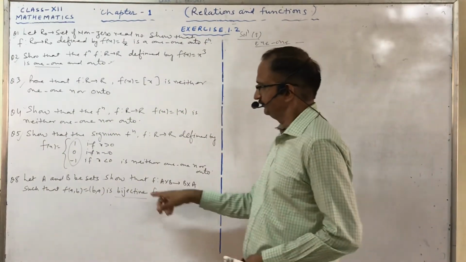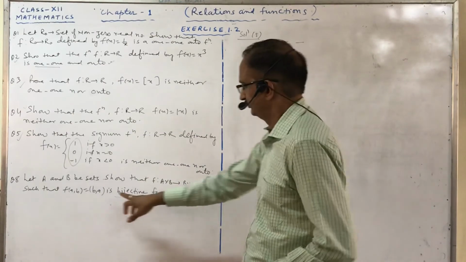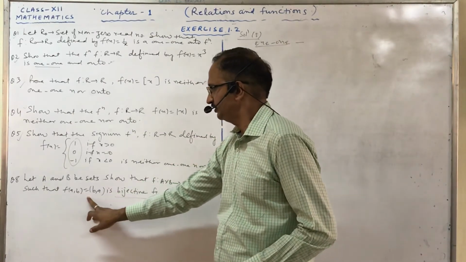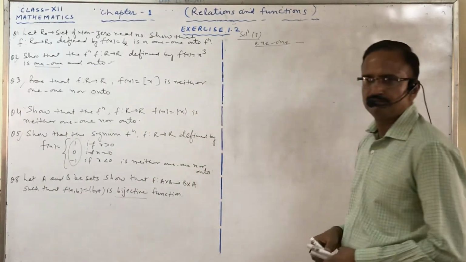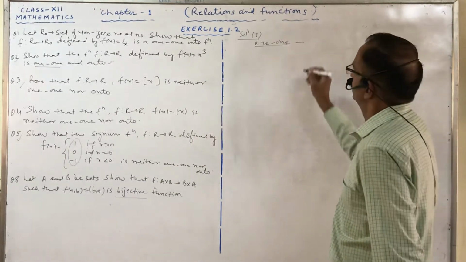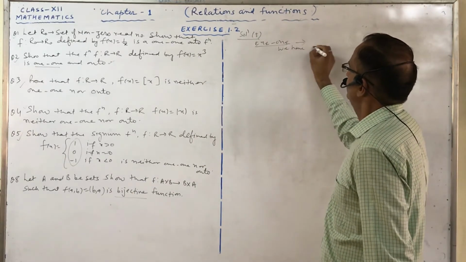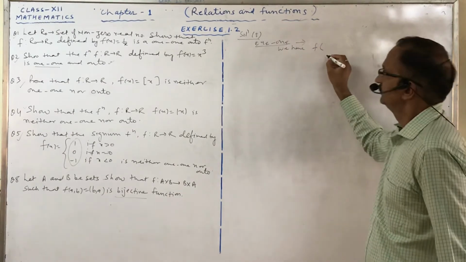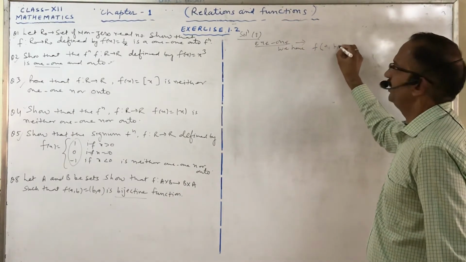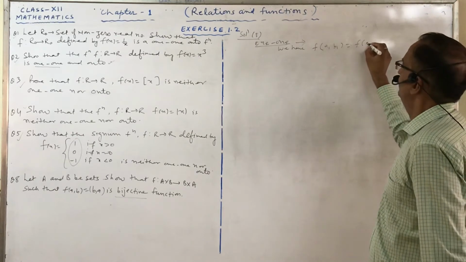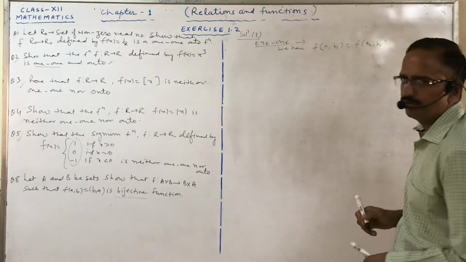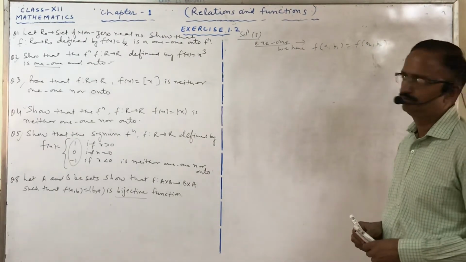This is the function f(a, b) equals (b, a). So we can write, we have f(a1, b1) equals f(a2, b2). Suppose these two are equal.